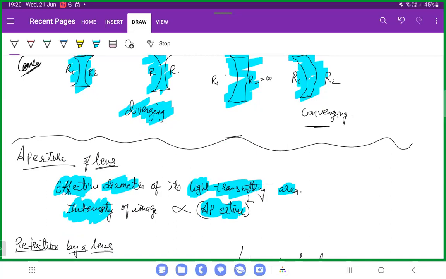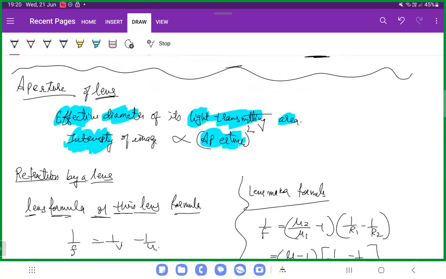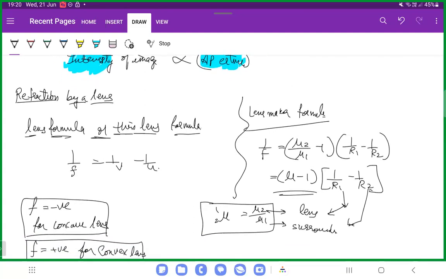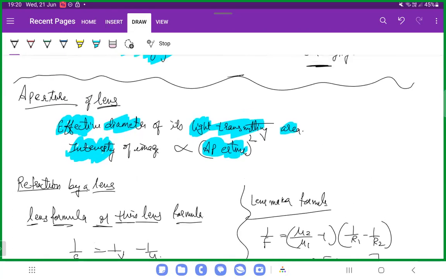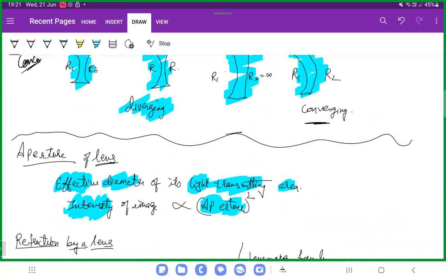Okay, so let's see here. Refraction by lenses and the lens maker formula. If you're writing, I'll wait for you, or else I'll move to the next.